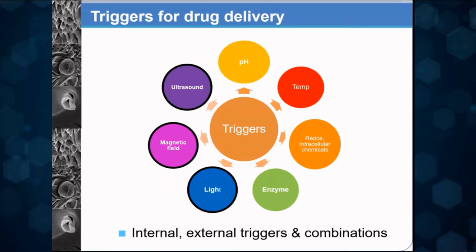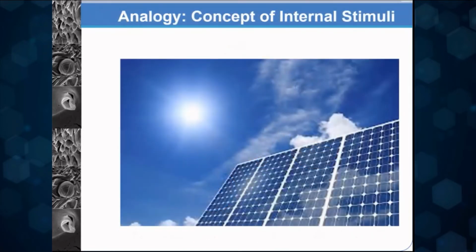So can your biomaterial either break down or have a phase transition in the presence of the changes in these parameters associated with your target site? An external trigger indicates that this stimulus is not already present in the body at different positions, but you are focusing it from outside to cause an effect on certain localized areas, and hence have benefits in terms of changing phases of your biomaterials.